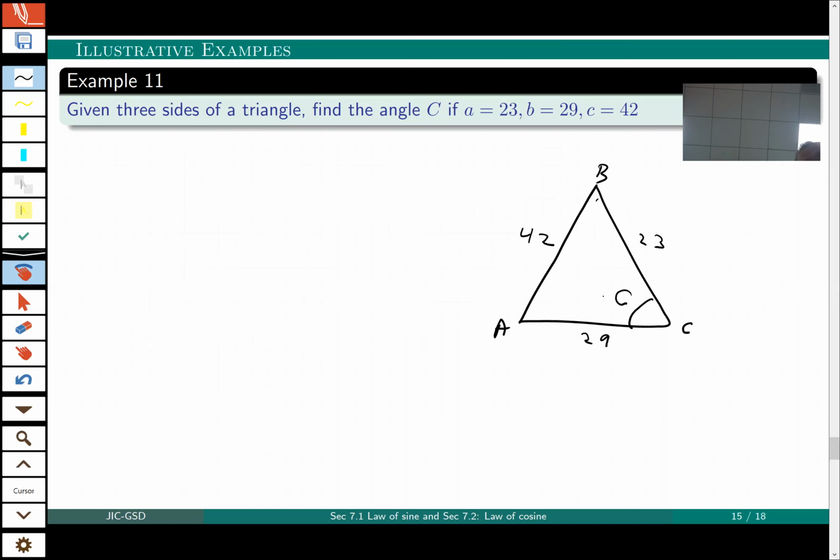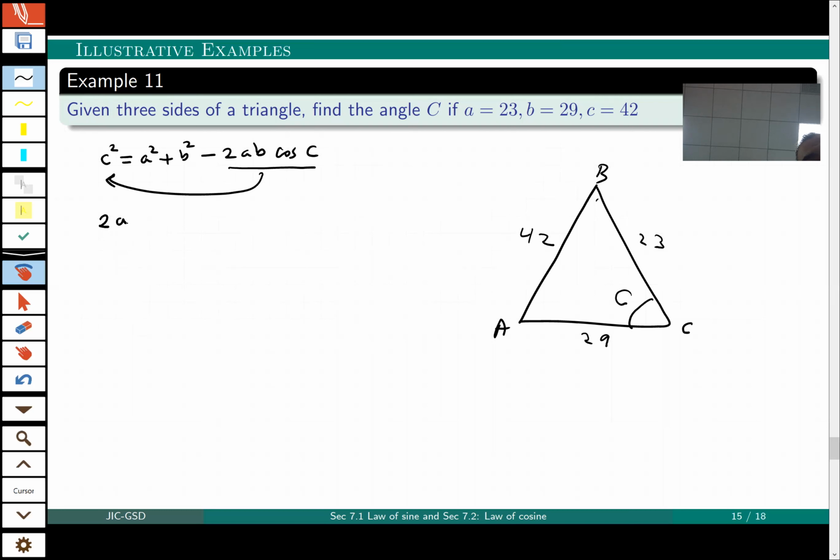So I will say here, if I want the angle C, that will come from C squared should equal A squared plus B squared minus 2AB cosine the angle C. So if I want to find C, I could solve actually. I move this one to this side.